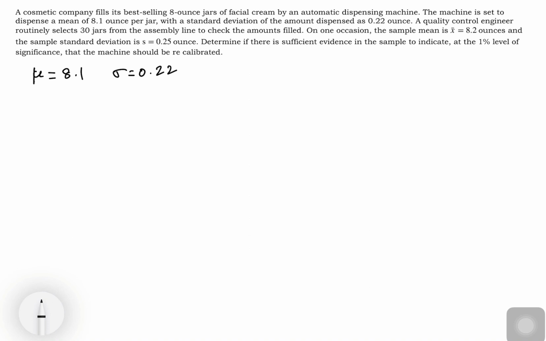A quality control engineer routinely selects 30 jars, so n is equal to 30, from the assembly line to check the amounts filled. On one occasion, the sample mean is found to be equal to 8.2 ounce and the sample standard deviation s is found to be equal to 0.25 ounce.